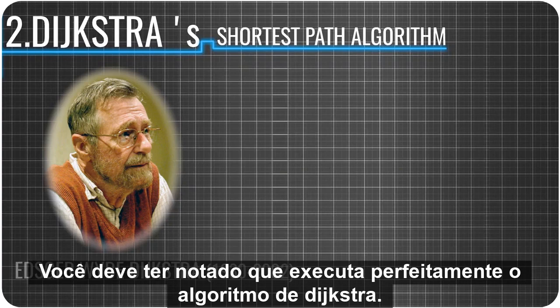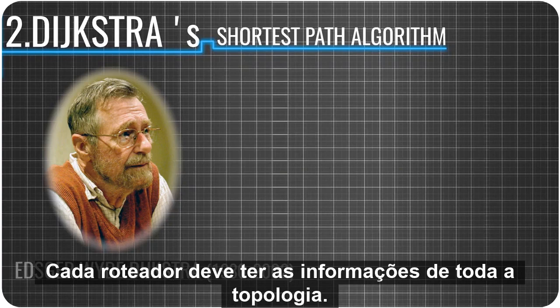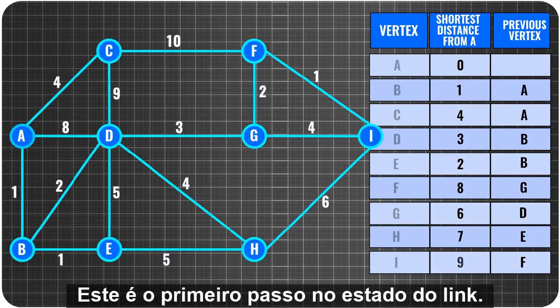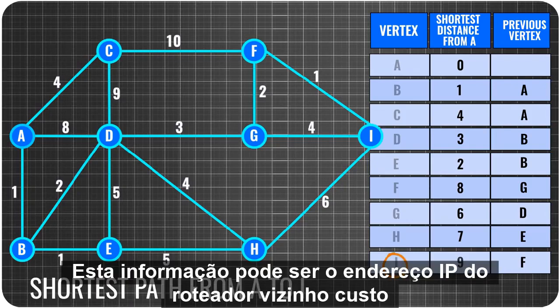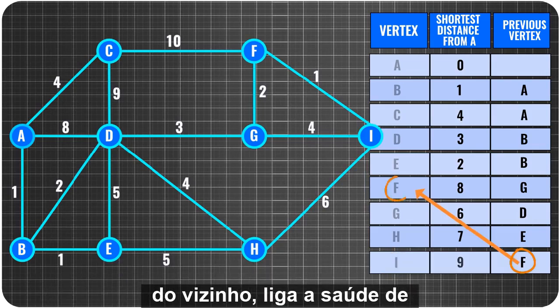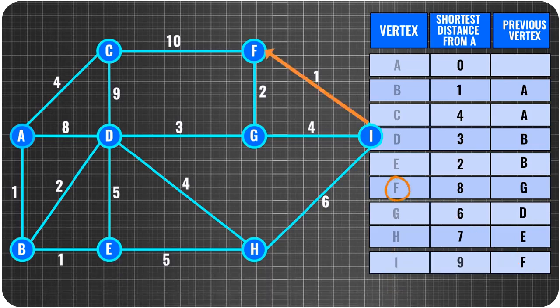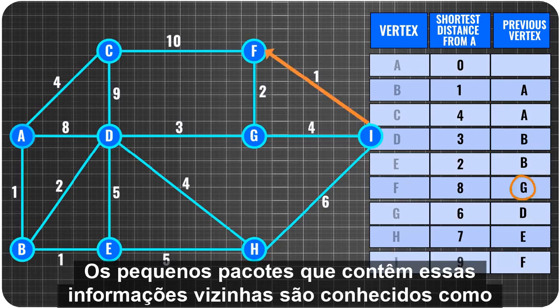This table is generated for the vertex A, and using this table, you can predict the shortest path to any other point. If you want the shortest path to point I, just check the previous vertex. From this vertex, check its previous vertex and so on until you reach point A.